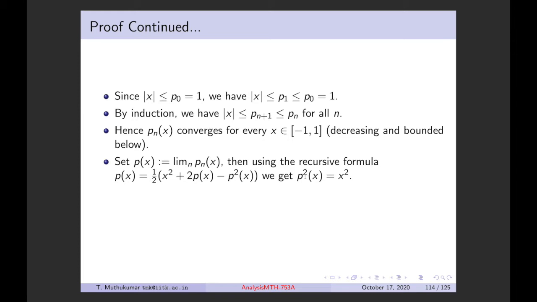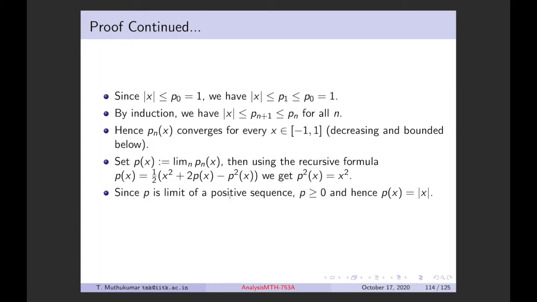And from here, we actually obtain that P square is equal to x square. So the limit that we have defined here, the square of that is x square. But this P is a limit of positive sequences, right? All the elements of the polynomials were positive.